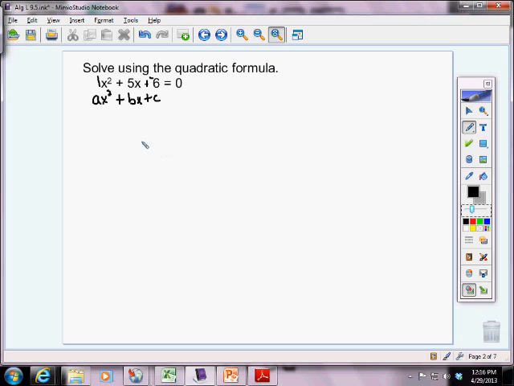So our quadratic formula, again, when we graphed and wanted to find the solutions, we were looking for what our x values were on our graph at 0. So we're always solving for our x.